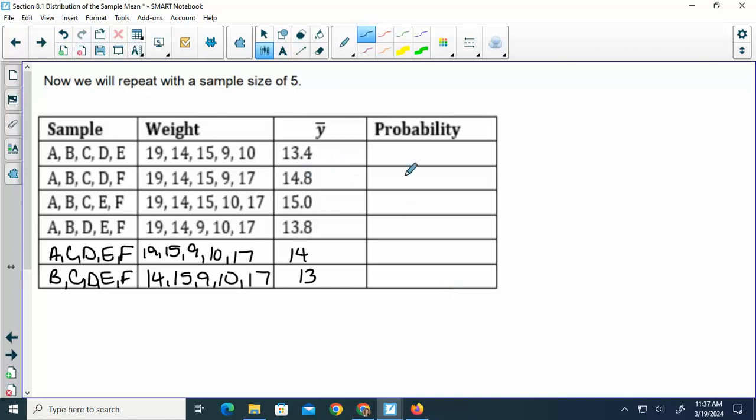okay, so if we look at this, how many different samples did we create? 6 different samples. So the probability of each of these samples would be 1/6. Same probability for all of them because we're looking at the sample probability.